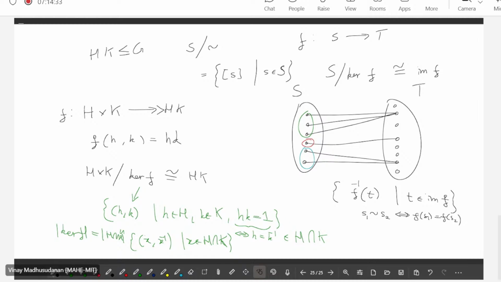Okay. Then observe that, do you have a natural surjection from S to this?